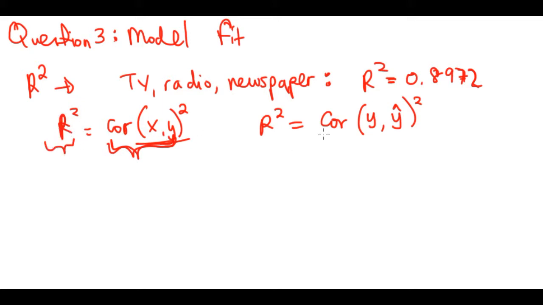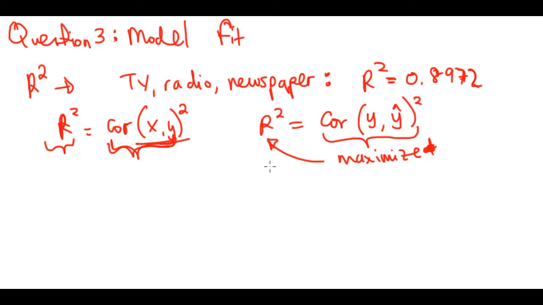It would make sense: if there's high correlation between the actual and what we have predicted, then it means we have fitted this nicely, right? So it's trying to maximize that, to get the largest R squared. That is the best model.